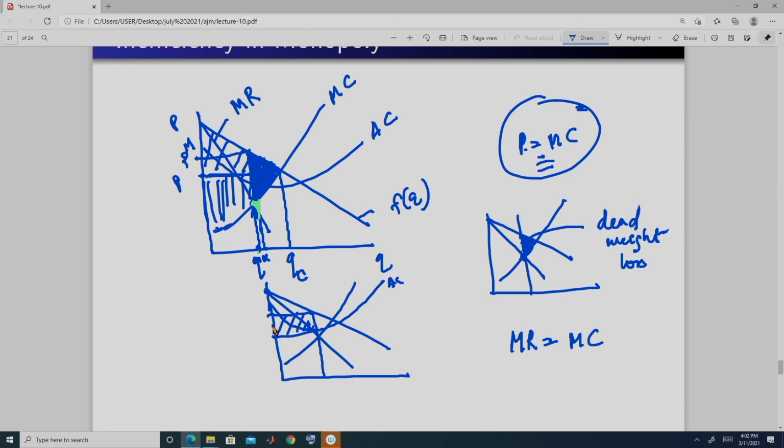Now, if the price is this, suppose for some reason, then the monopolist is going to get this rectangle as profit. So, this rectangle is less than this rectangle. That is why this is not a profit-maximizing condition. So, here profit is maximized.